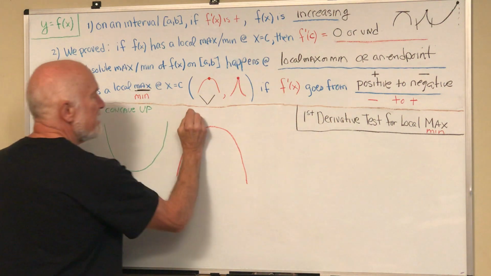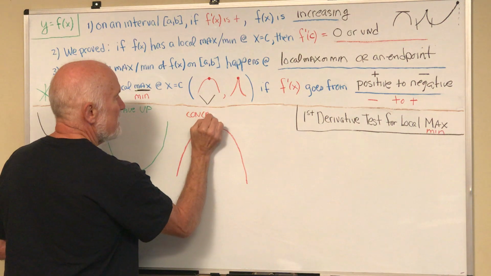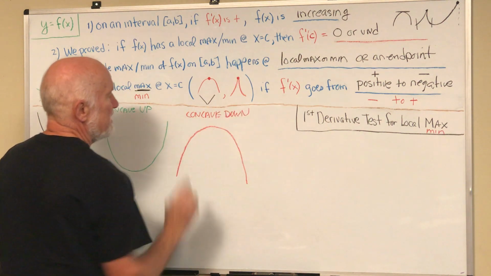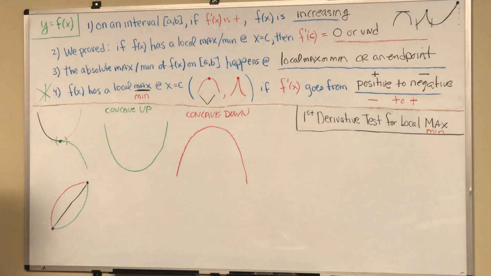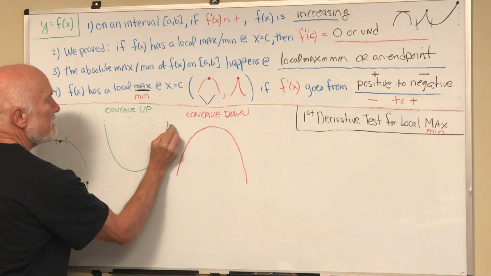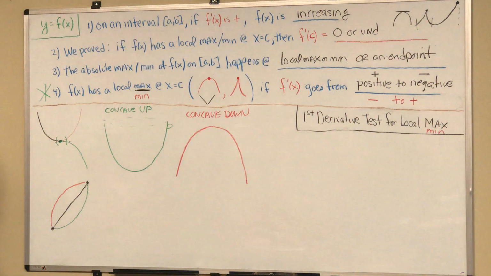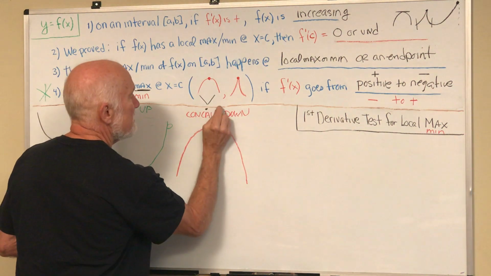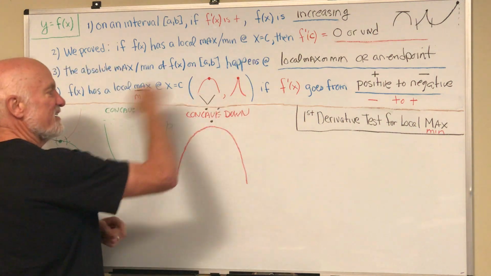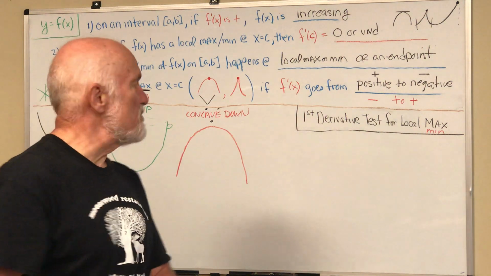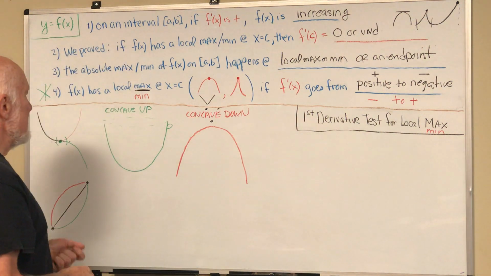And this is called concave down. And I don't know how you want to remember that. One way you can do this is say concave up like a cup, and concave down like a frown. Anyway, you can come up with your way you want to remember the name.